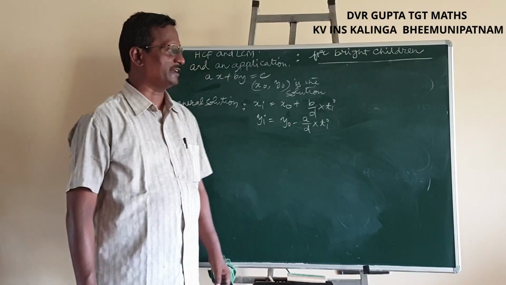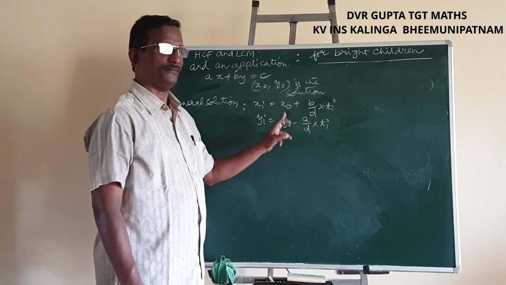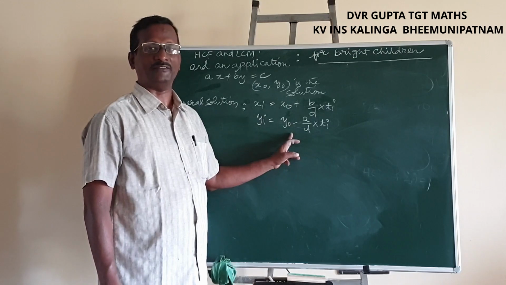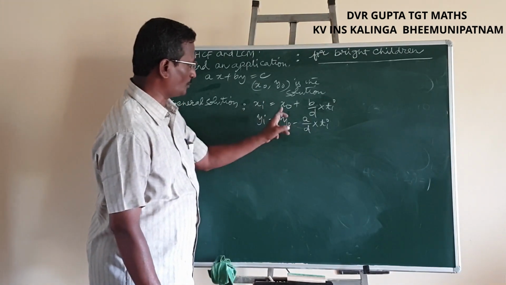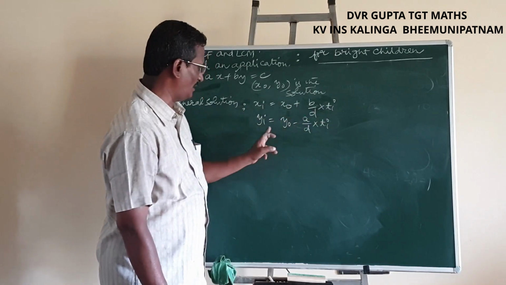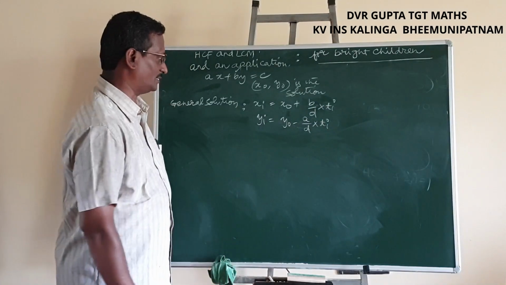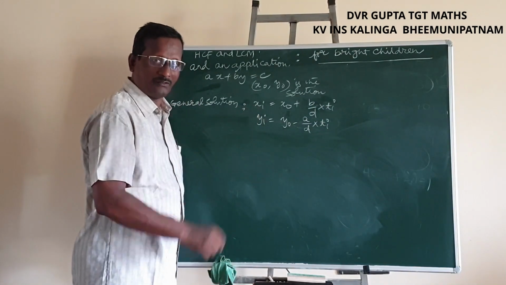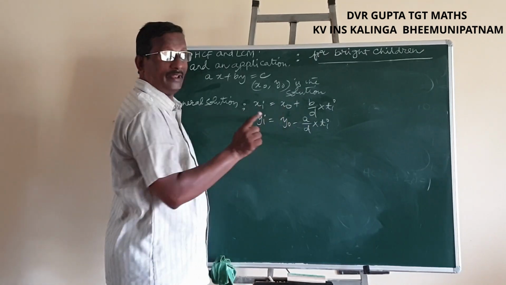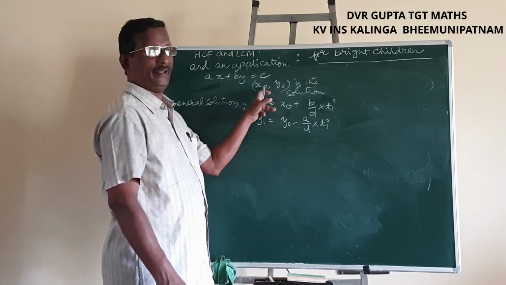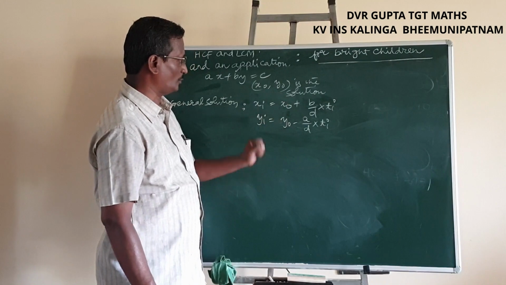Just now we have derived a general solution from which it's possible to generate infinitely many solutions. The same general solution I have written: xi is equal to x0 plus b by d into ti, yi is equal to y0 minus a by d into ti. Xi is the x value of the solution, yi is the y value of the solution, x0 is the x value of the base solution, y0 is the y value of the base solution.